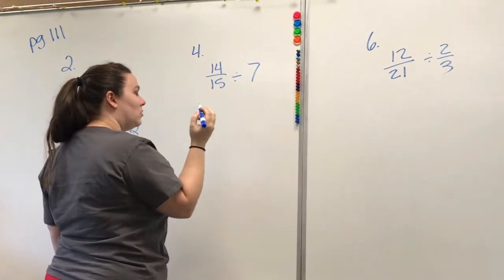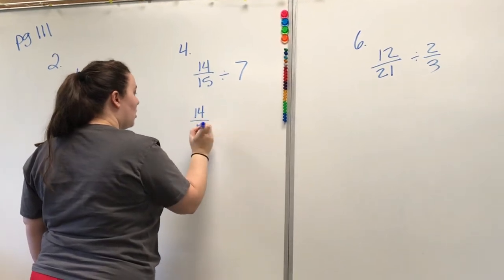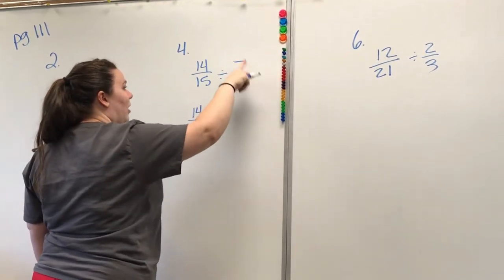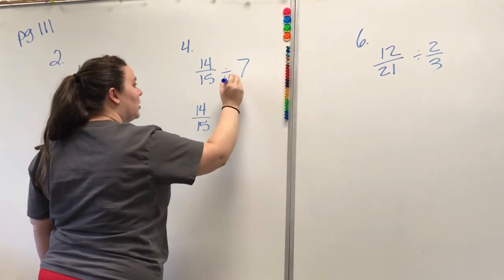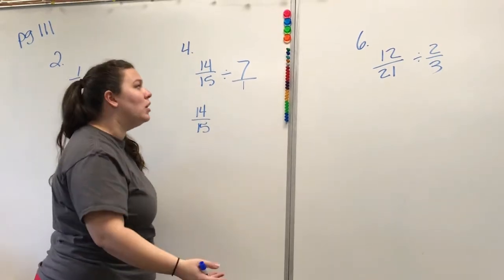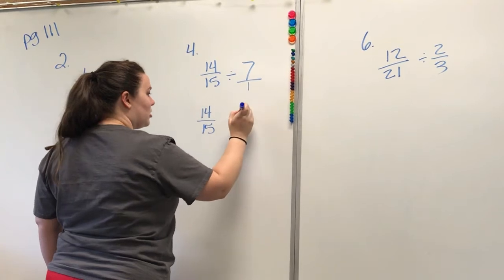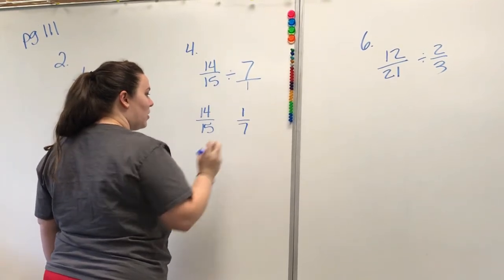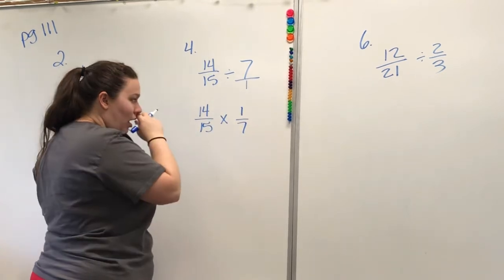First we need to keep the first fraction. I have a whole number, and so we need to turn it into a fraction, which we do just by putting the number 1 underneath it. Okay, so now we need to flip this, so it's actually going to be the 1 on top and the 7 on bottom, and then we need to change this to a multiplication.